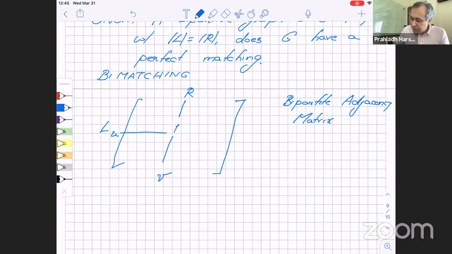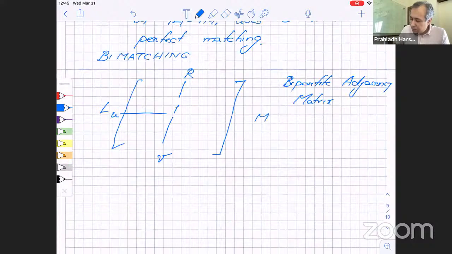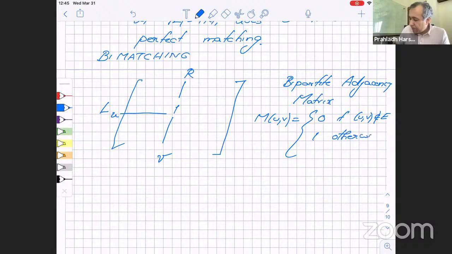So the bipartite adjacency matrix, basically this M, is exactly what? M of U comma V is 0 if UV is not an edge, and 1 otherwise. But this is a matrix of just scalars.